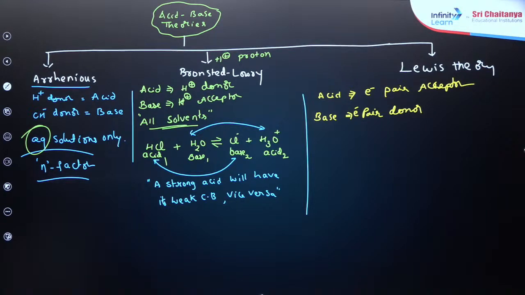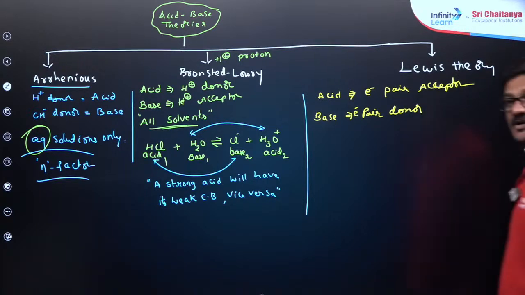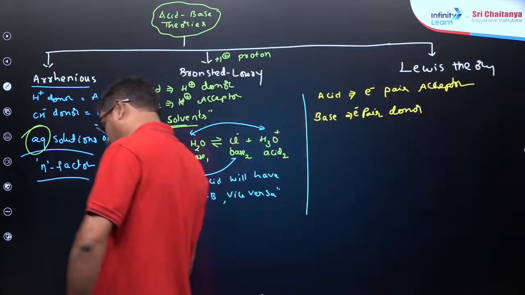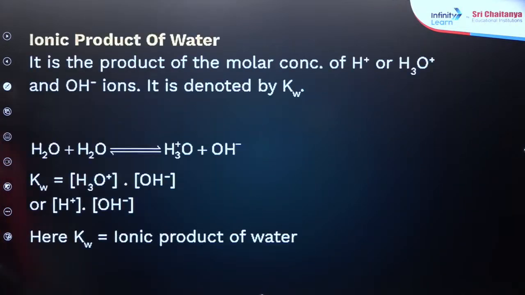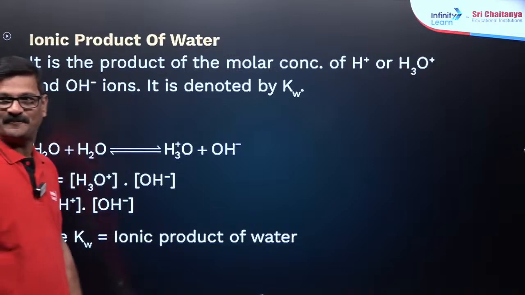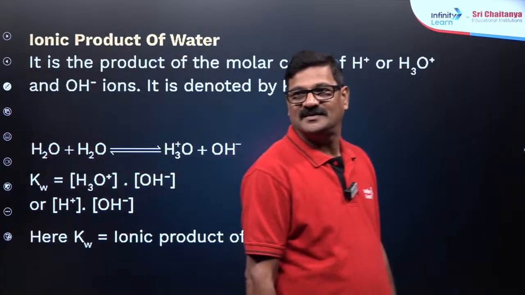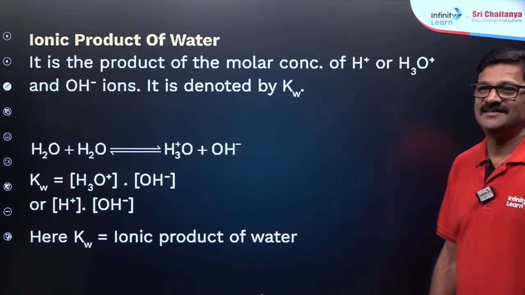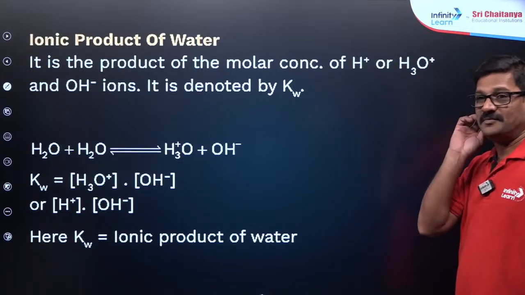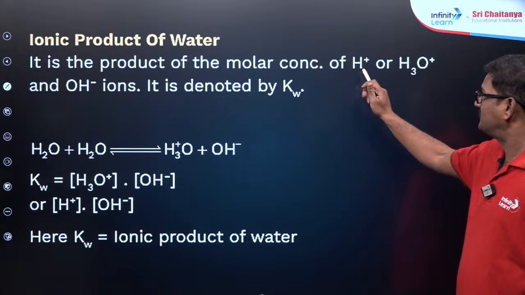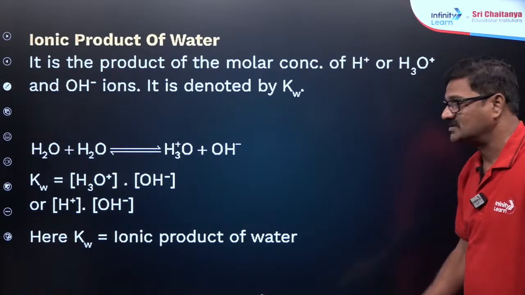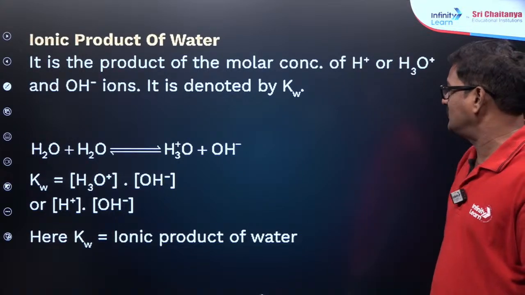Okay, so let's see. Ionic product constant of water. Each and every point we'll be discussing. It is the product of the molar concentration of H plus, or H3O plus, and OH minus, and it is denoted by Kw.